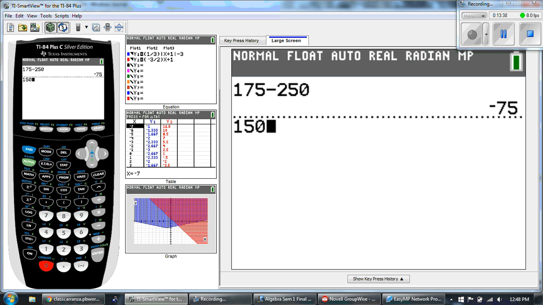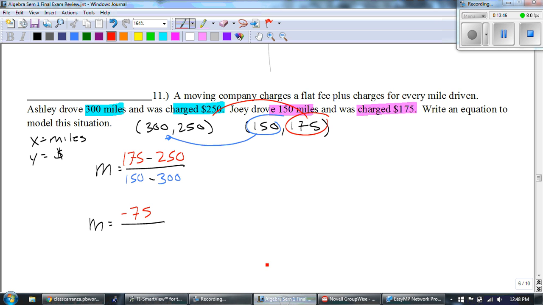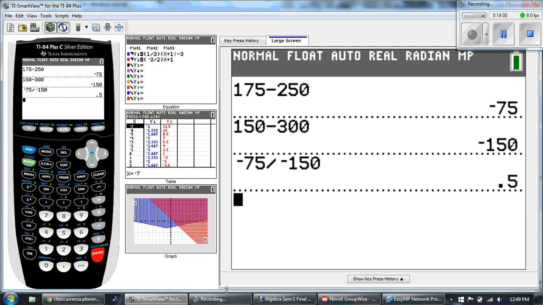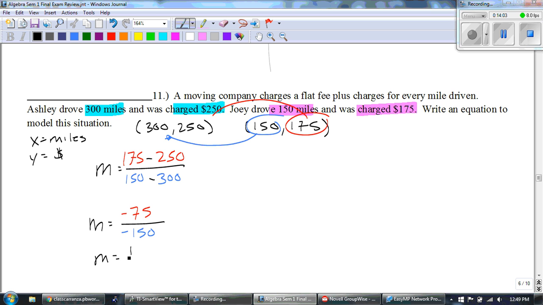And then 150 minus 300 gives us negative 150. Negative 75 divided by negative 150 equals 0.50. Now I know most of you are going to say, oh, that's 1/2. We're talking about money, so I want the decimal. It's 50 cents. That is our slope.